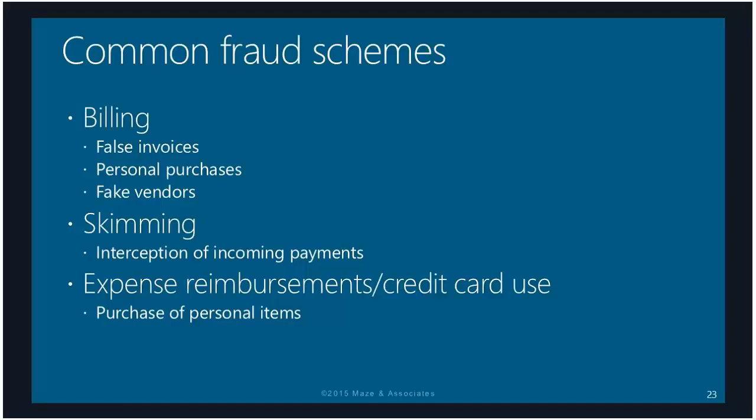Skimming is interception of incoming payments, particularly if you have receipts that come in that aren't expected or maybe not budgeted. Those are usually the most susceptible to interception, because everybody's kind of expecting those property tax payments or those sales tax payments.